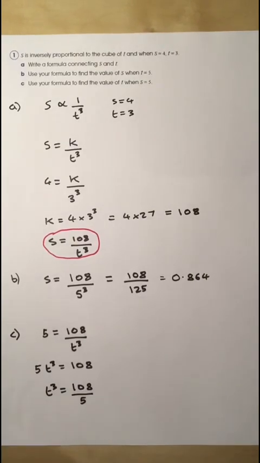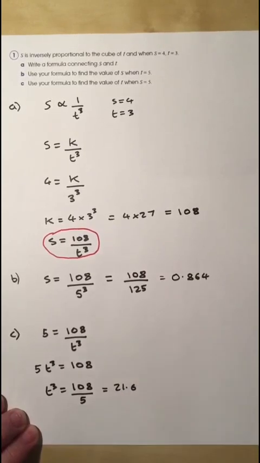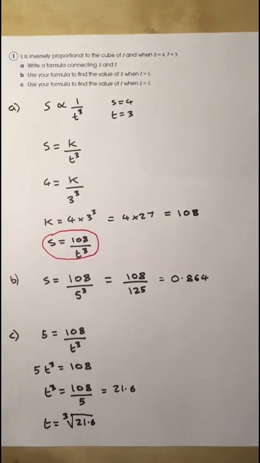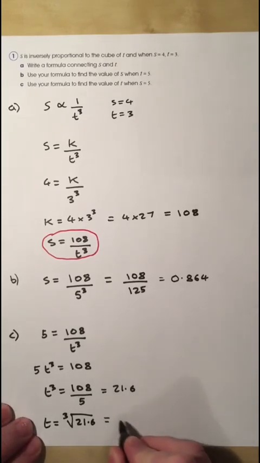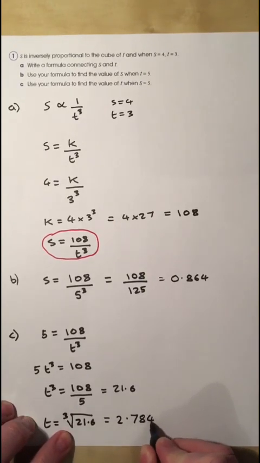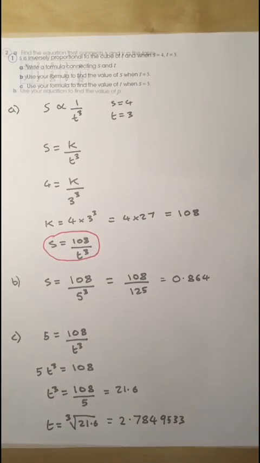It's easier now to just work out this bit. So t cubed equals 21.6. And to find out what the value of t is, we can find the cube root of 21.6. So t equals cube root of 21.6. So on the calculator, cube root 21.6 gives us a value of 2.784953. Doesn't say to round it, so leave it as it is.